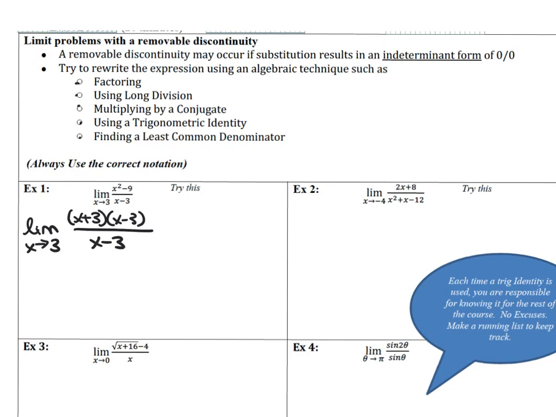We can see that the x minus 3's cancel out, and so we're left with the limit as x approaches 3 of x plus 3. When we substitute, we can see that we're no longer in an area where we have an indeterminate form, and so our limit is equal to 6. So in this case, we factored.